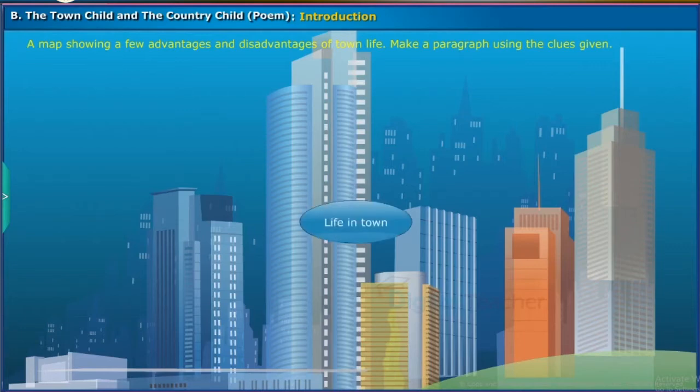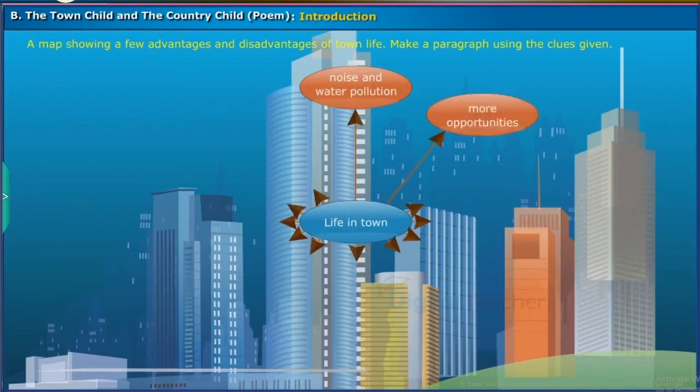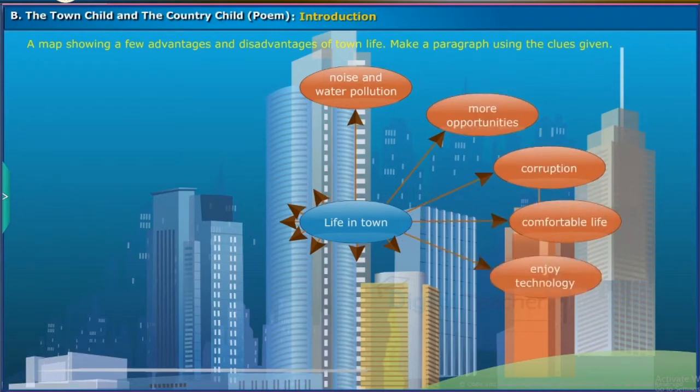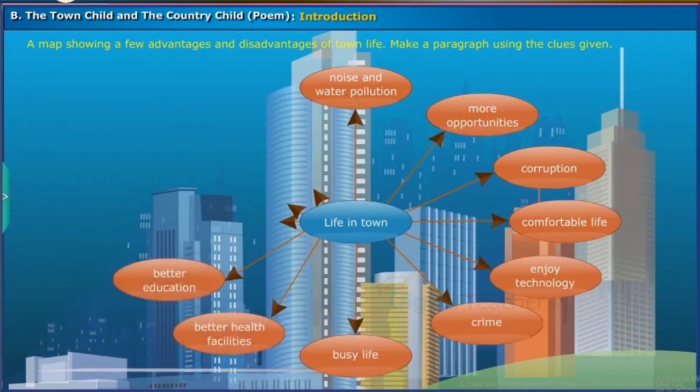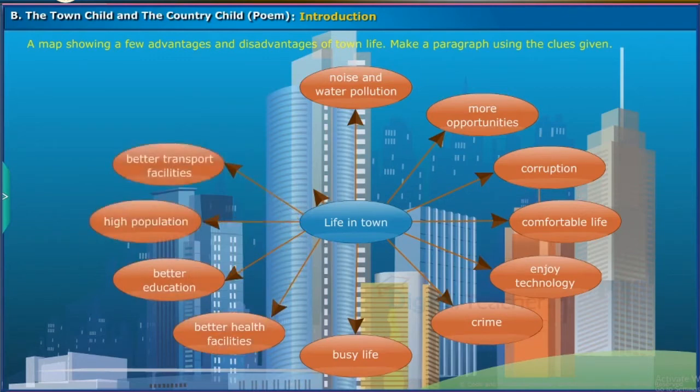Life in town, noise and water pollution, more opportunities, corruption, comfortable life, enjoy technology, crime, busy life, better health facilities, better education, high population, better transport facilities, high cost of living.